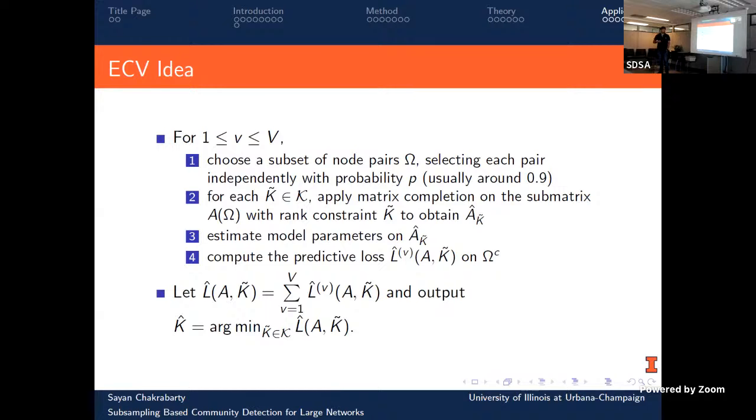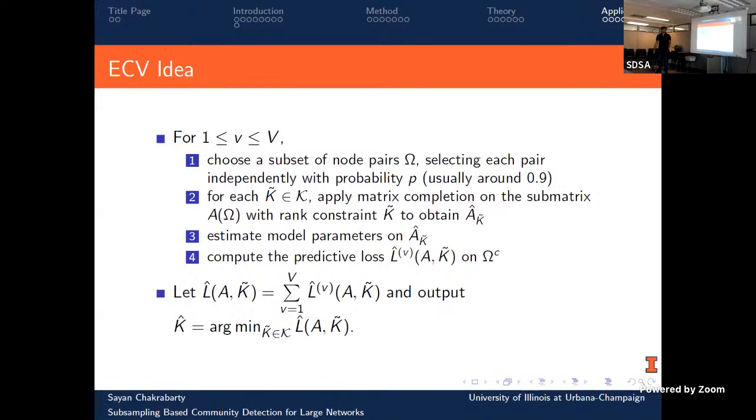And we apply the rank constraint k tilde to obtain the n by n matrix A hat k. So they are performing matrix completion to get back the entire matrix from the smaller matrix. And then they are estimating the model parameters or performing community detection on A hat k tilde. And then they're computing the predictive loss on the remaining part, the omega complement, the part that wasn't used in matrix completion. And then summing over all the folds, we are performing a discrete minimization.